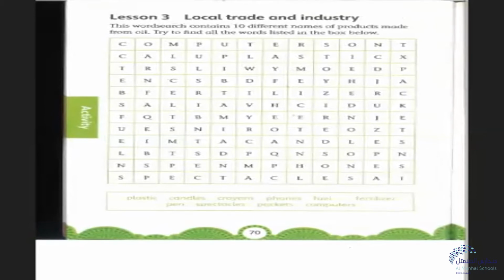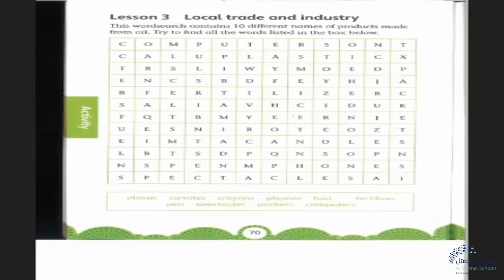Let's look at the first row. In the first row, there's computer. So you circle the word computer. The second row, you can see plastic. So you circle the word plastic. Then the fifth row, you can see fertilizer.